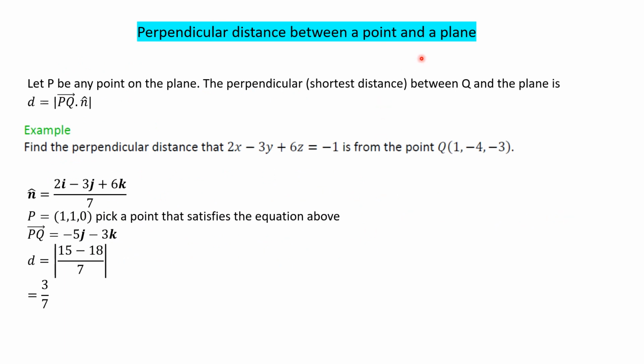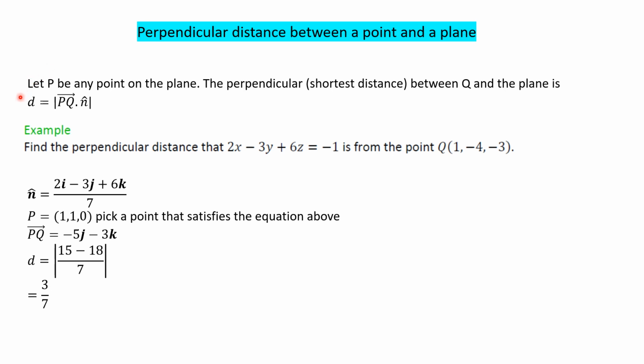Okay, so how do we find the perpendicular distance between a point and a plane? I would memorize this equation here rather than working everything out from scratch. We want to find the shortest distance between point Q and the plane, and you let point P be a point on the plane such that the vector PQ is perpendicular to the plane.